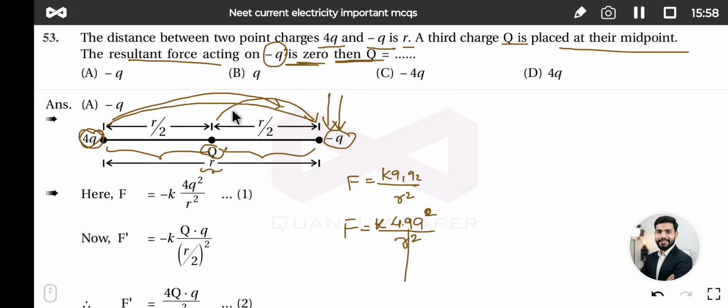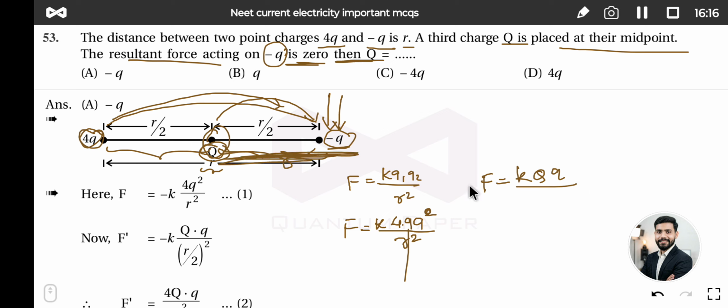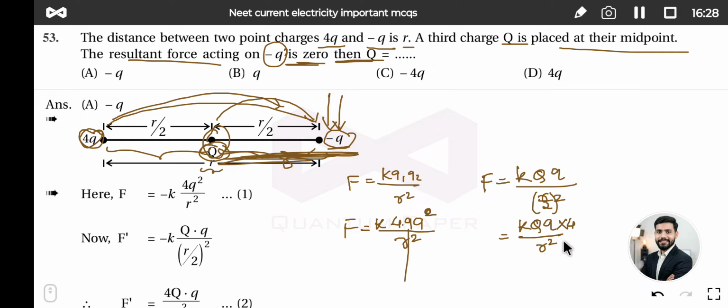And the second force, that is due to this plus Q charge, so that force will be F is equal to K. So one charge is this capital Q and the other charge is this minus q, we will take positive only because modulus is there, and the distance between those two is r by 2, so r by 2 the whole square. So the force will be K Q q upon r square upon 2 square, which is 4, that will go in the numerator. Okay, so it is given that the net force is 0.